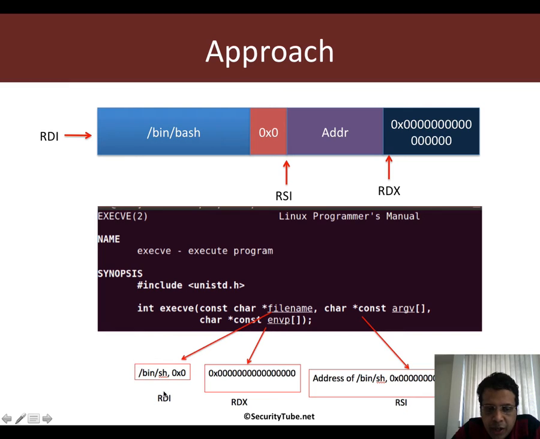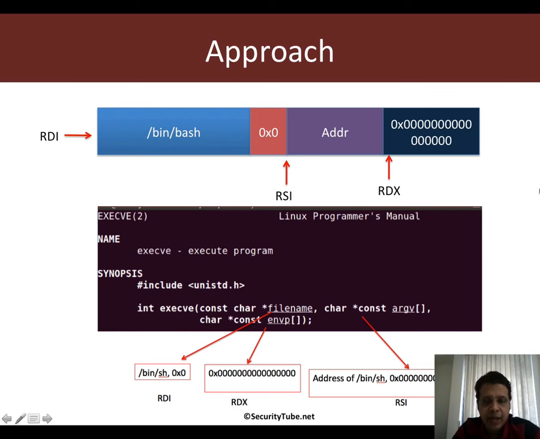RDI needs to point to the null terminated string. RSI needs to point to an array of arguments, of which the first is the address of bin bash. Here is RSI. And finally, RDX needs to point to a null, and we can make it point in here.